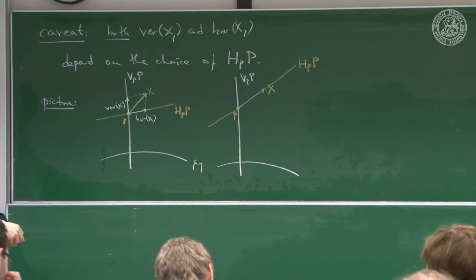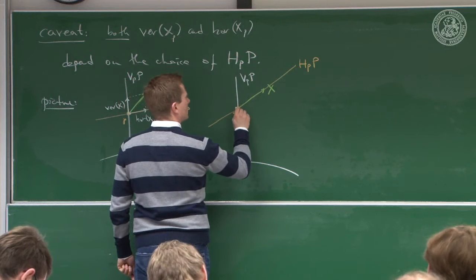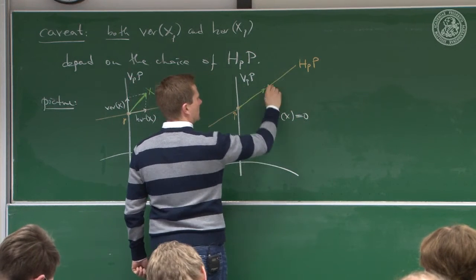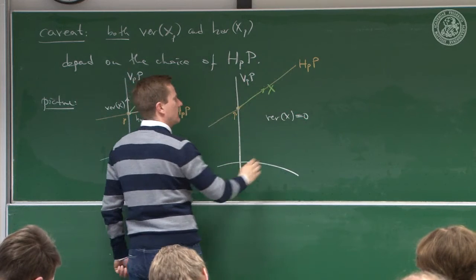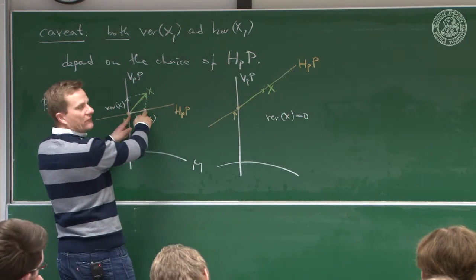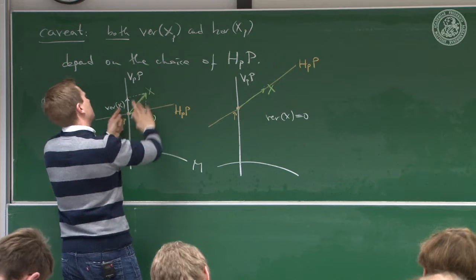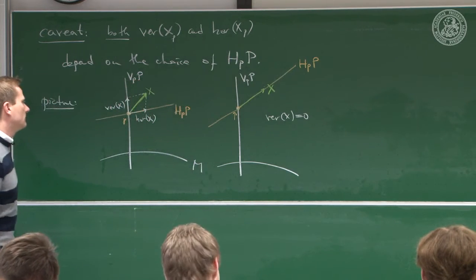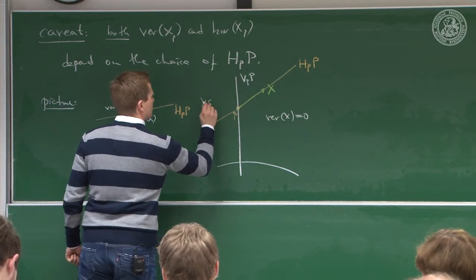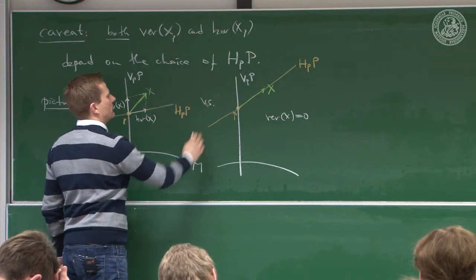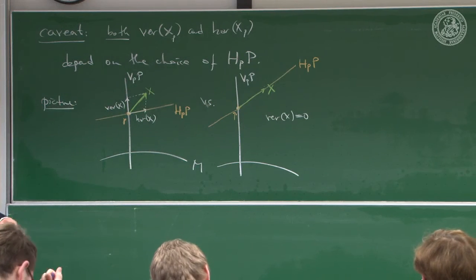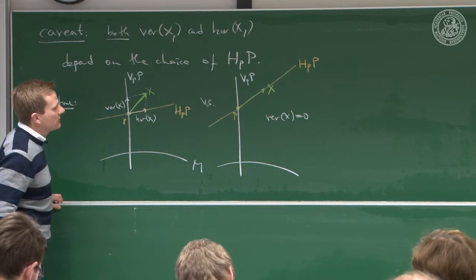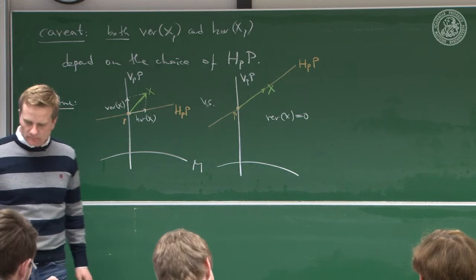It's possible. And now you see that the vertical component of this x is 0. There is no vertical component, okay? And the horizontal component is also different from here, right? Because it's the entire vector, whatever that means, okay? You got to compare, for instance, these two, this one versus this one, okay? So in this decomposition, both the horizontal and the vertical part depend on the choice of H_P.